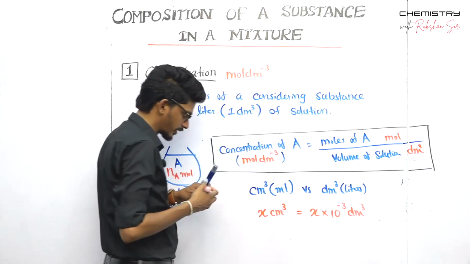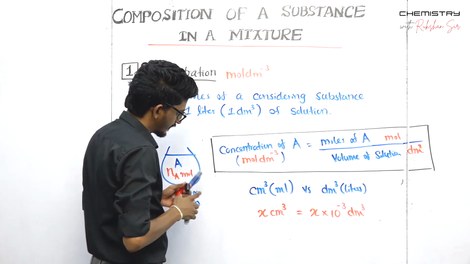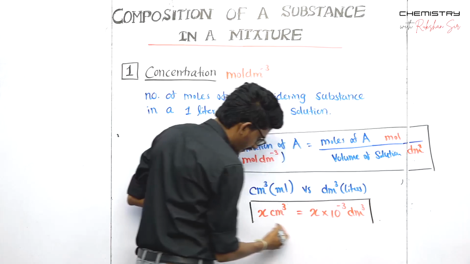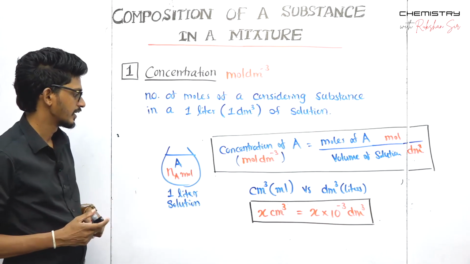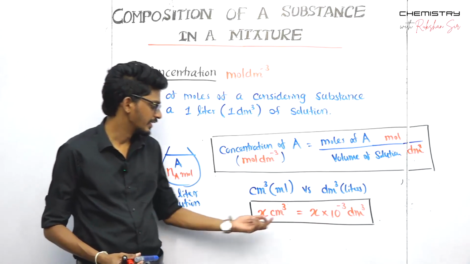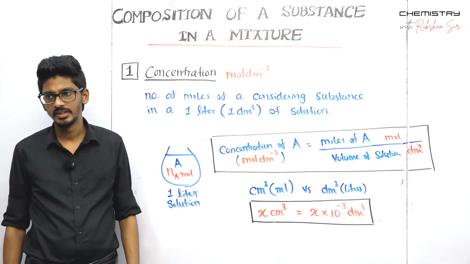This is the most important unit conversion you will come across in these questions regarding concentration. You should know that. So x milliliters means x into 10 to the power minus 3 decimeter cubes.